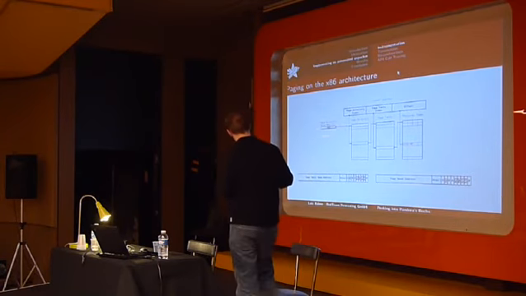We have the CR3 register, which points to the physical address of the page directory. If you take a linear address, the first 10 bits index into the page directory. There you have the address of the page table, which you index into by the next 10 bits, which contain the page table index.